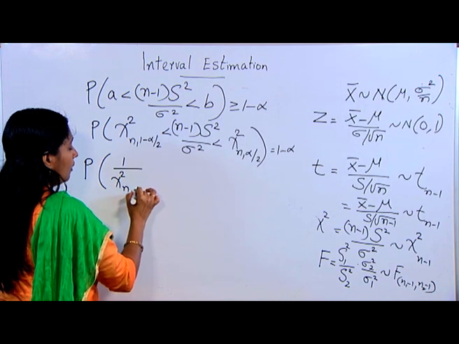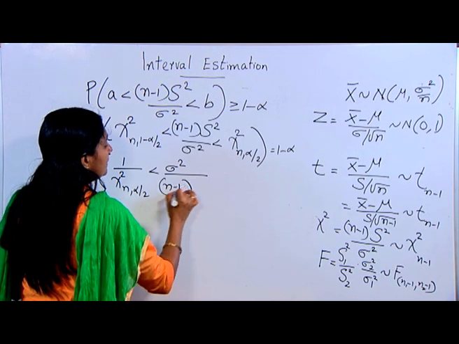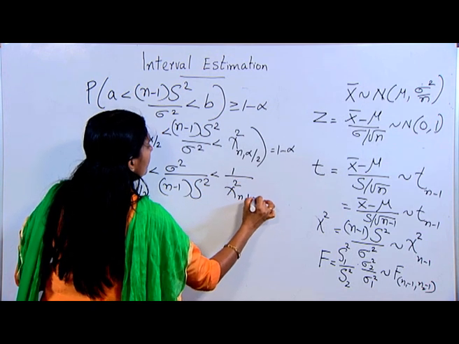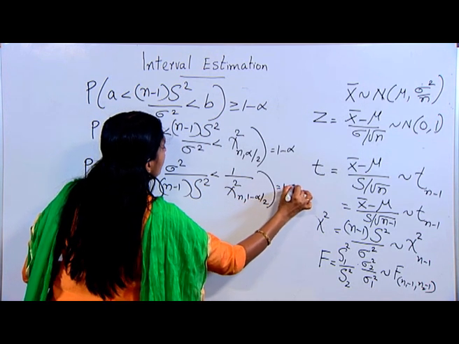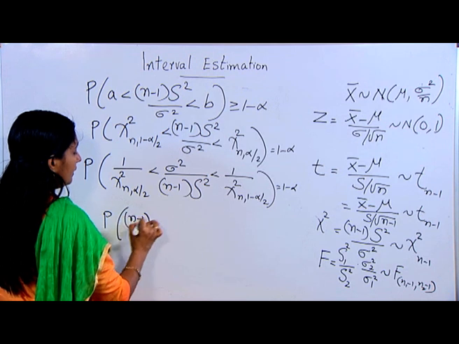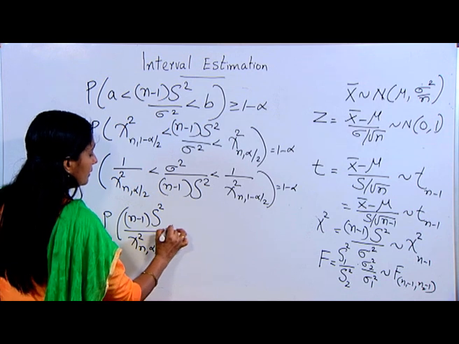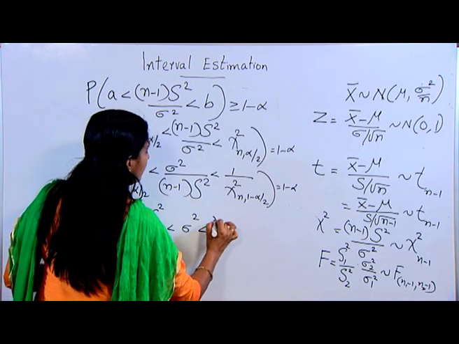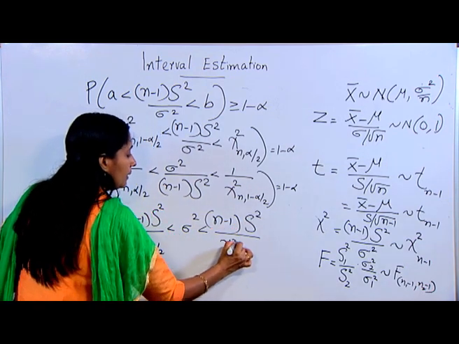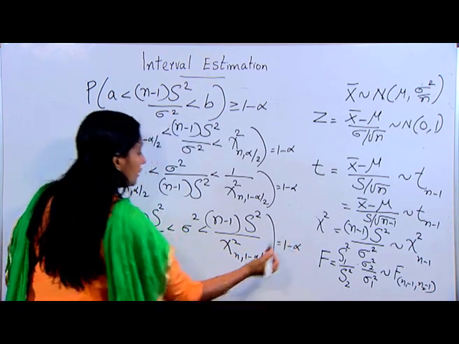So, 1 by chi-square n, alpha by 2 less than sigma square by n minus 1 s square less than 1 by chi-square n, 1 minus alpha by 2. This is equal to 1 minus alpha, and hence the probability of n minus 1 s square by chi-square n, alpha by 2 less than sigma square less than n minus 1 s square divided by chi-square n, 1 minus alpha by 2 is equal to 1 minus alpha.